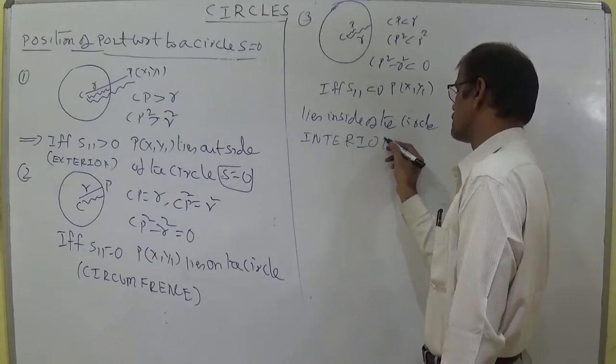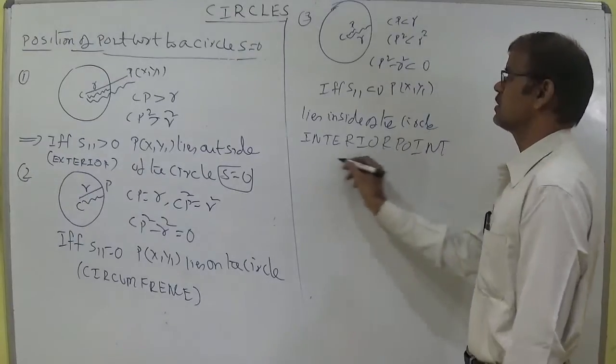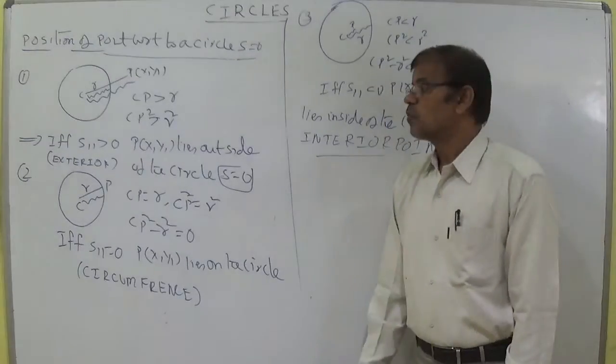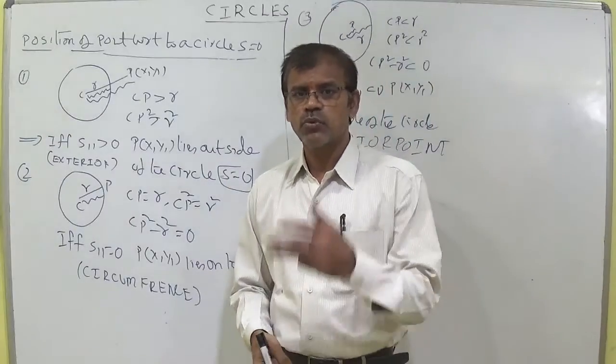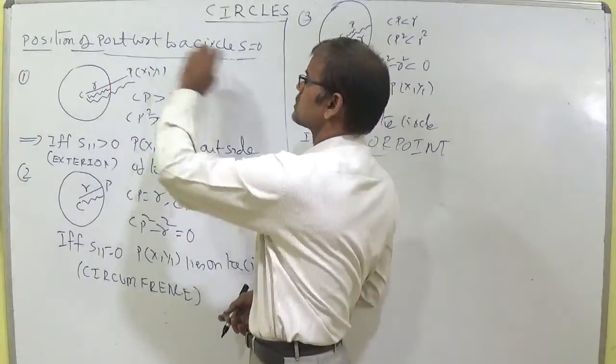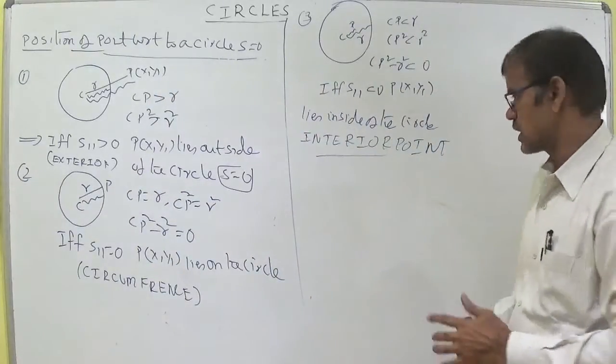This concept is known as position of a point with respect to a circle, whether the point lies inside, outside or on the circle. The concept is called position of a point with respect to a circle.